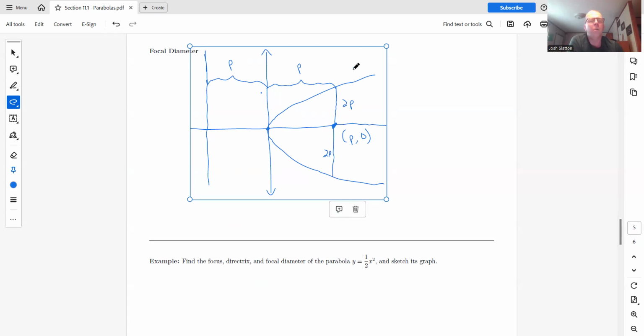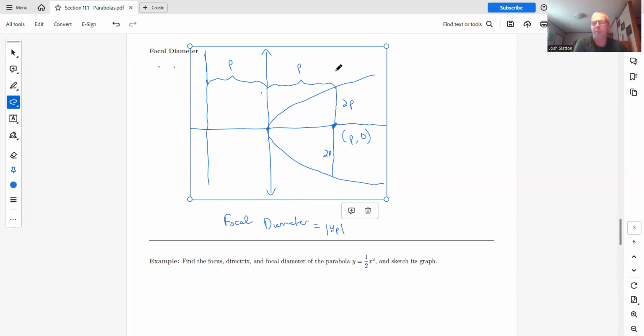So the focal diameter is the absolute value of 4p.